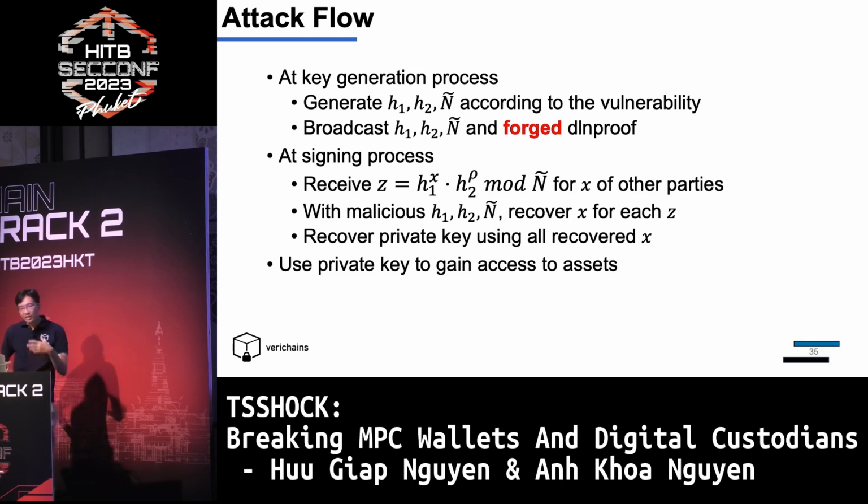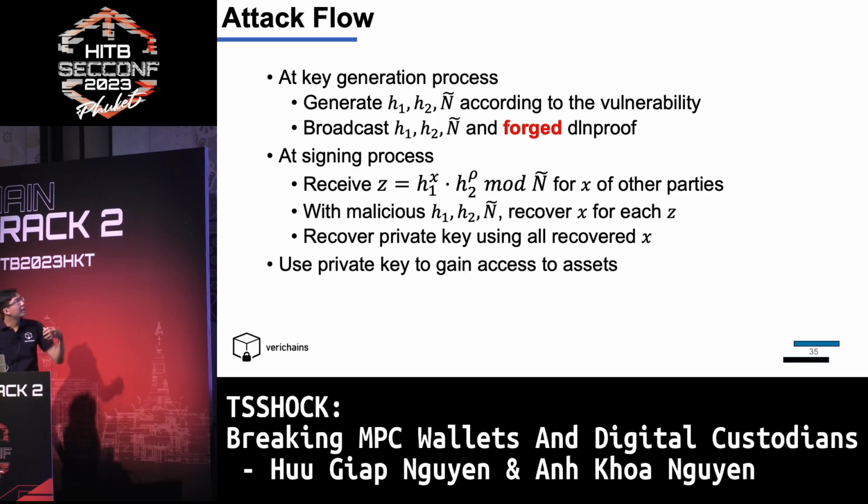At the key generation process, we will generate h1, h2, n tilde according to the vulnerability. And then we will broadcast h1, h2, and n tilde with the forged DON proof. The other party will accept that, because the DON proof for that malicious h1, h2 is accepted as per the attack.